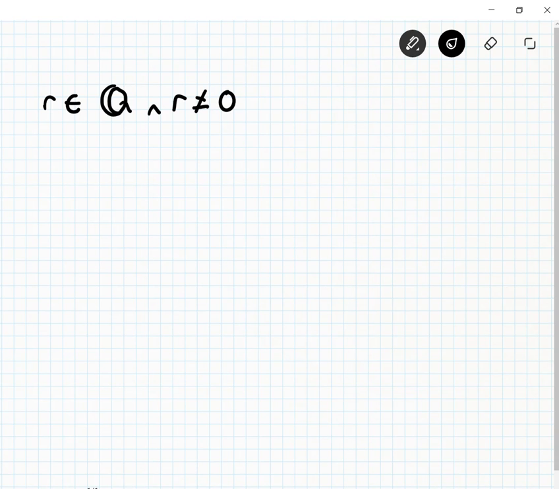Okay, so we're going to prove that a rational number times an irrational number is an irrational number. First, let's start with what we're given. R is a rational number and R is not 0. This is given information.